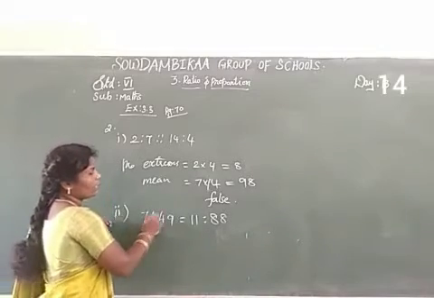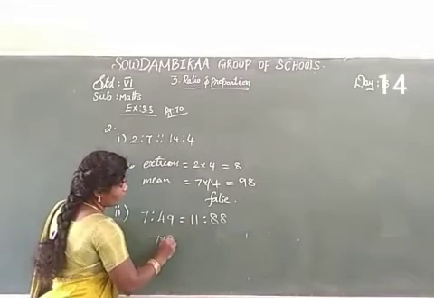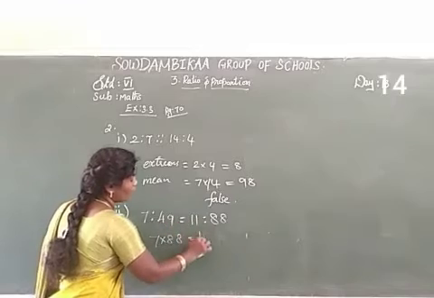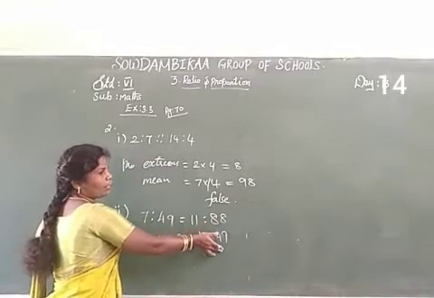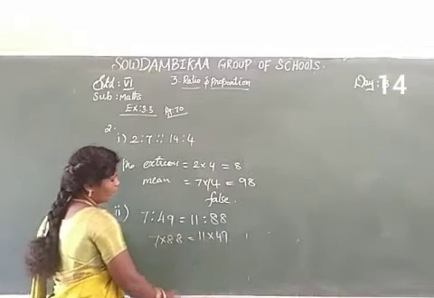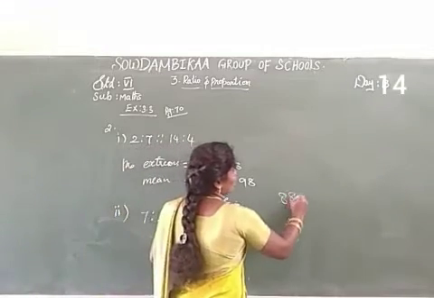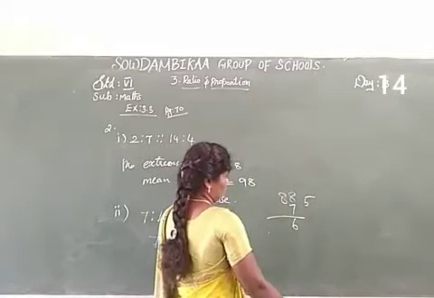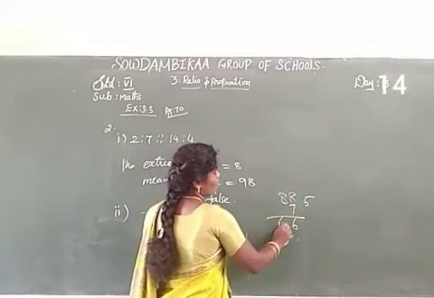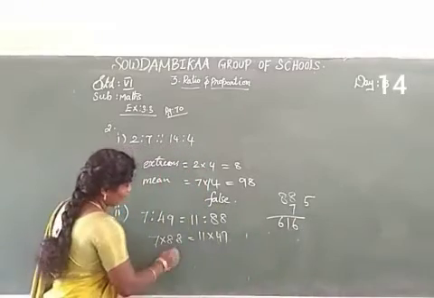Now the same: multiply the extremes 7 into 88, and the means 11 into 49. 7 8s are 56, write 6, remaining 5. 7 8s are 56, 61, so 616.